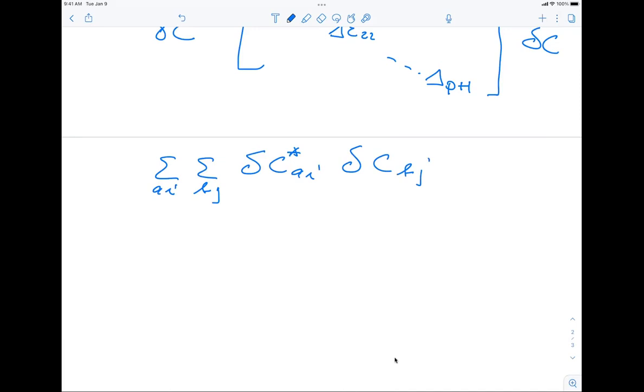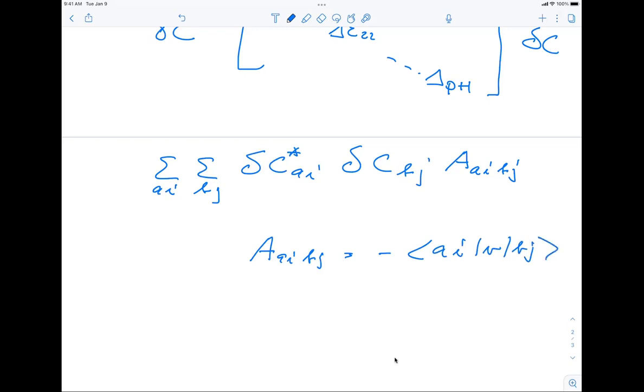And then I have the matrix element, which in this specific case was given by a matrix element which I called A of AI and BJ. And that matrix element, AI and BJ, was the same as minus, and then I have my AI, V, BJ.